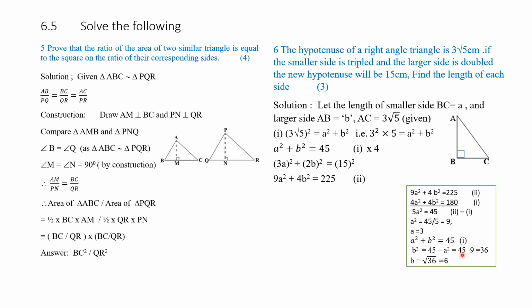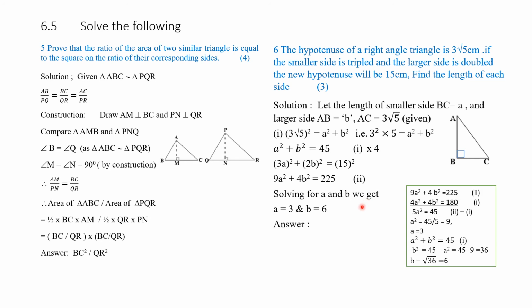Therefore, b is equal to square root of 36, that is equal to 6. So now we got the value of a as 3 and b as 6. Solving for a and b, we get a is equal to 3 and b is equal to 6.